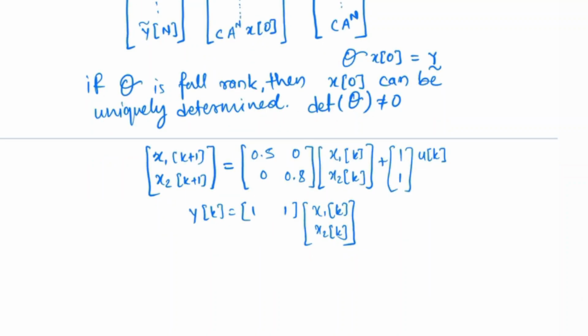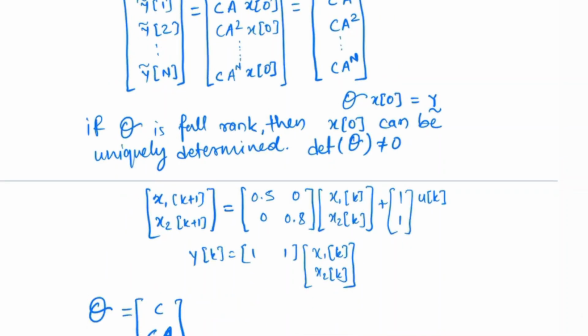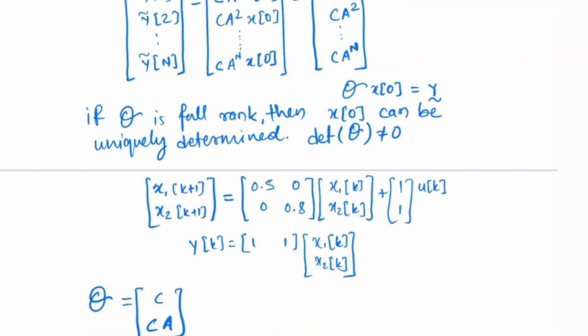So this is the expression. So observability matrix here would be C and CA. However many states you have, in this case 2, you go up to n.